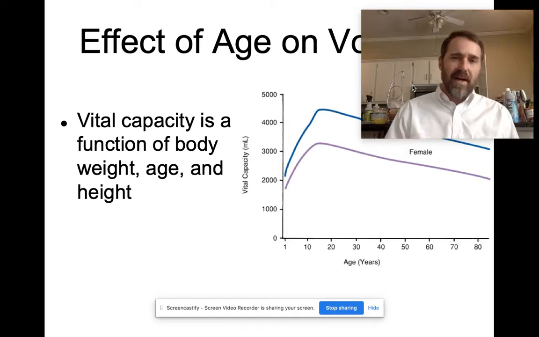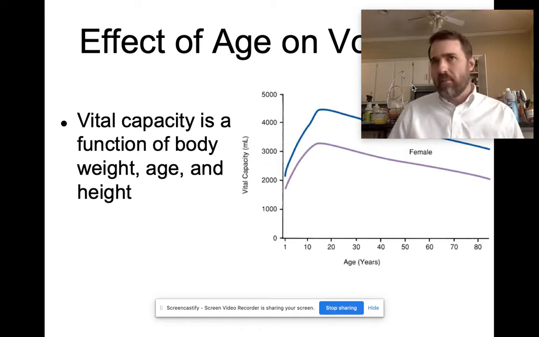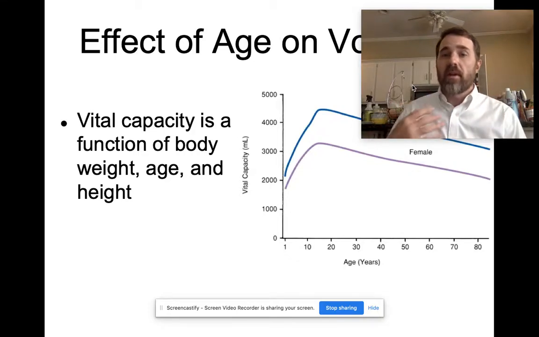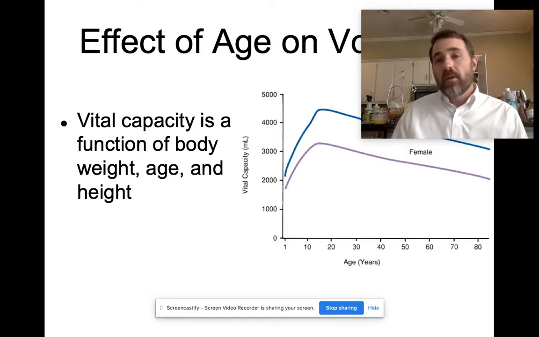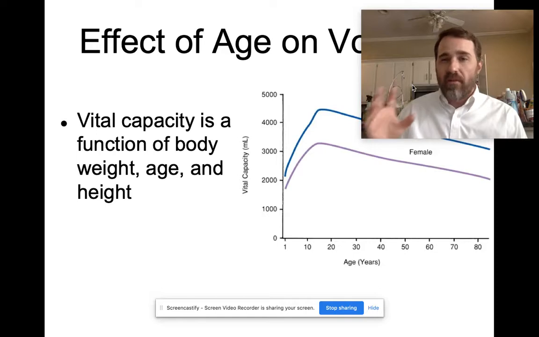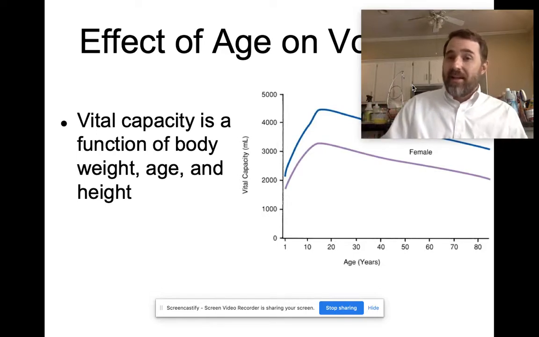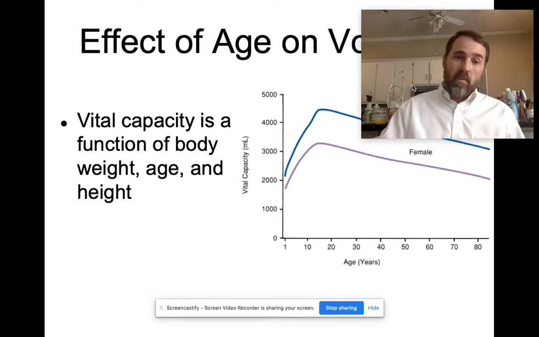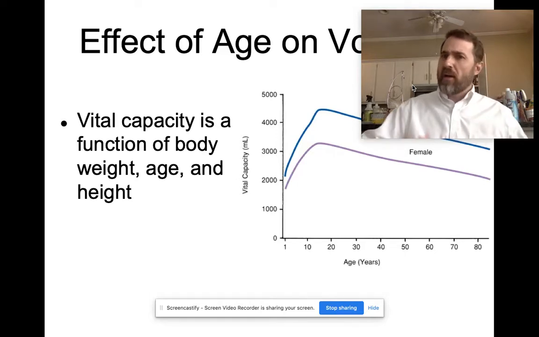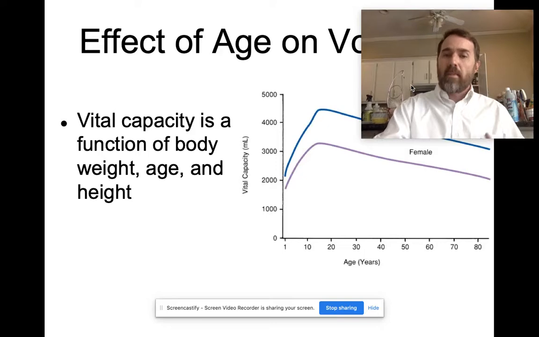So I mentioned that vital capacity is important for speech-language pathologists because that is the amount of air that we have available to phonate on, to produce speech with. As you age, in the normal course of aging, your vital capacity decreases. As you're growing from a child to an adult, your vital capacity is rapidly increasing.